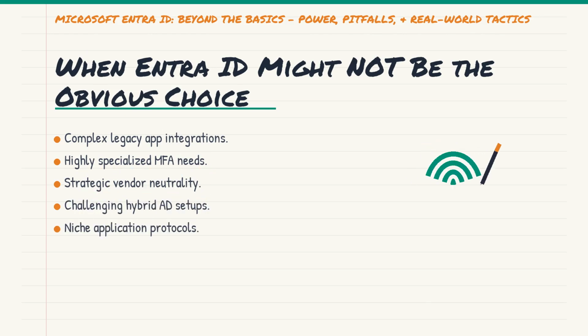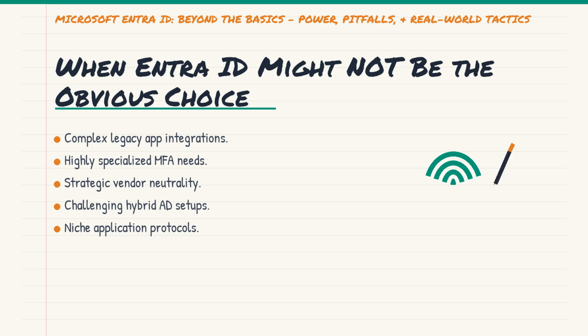If your enterprise has extremely complex, legacy on-premises applications that rely on specific, proprietary authentication protocols that Entra ID can't easily federate with, a dedicated on-prem IAM solution or a specialized gateway might be needed. If you have highly specific, non-standard security requirements for MFA, for example unique hardware factors or extremely low latency out-of-band, that aren't well supported, you might need to look elsewhere.